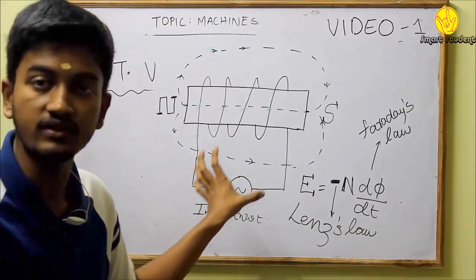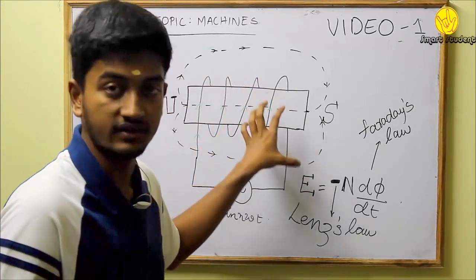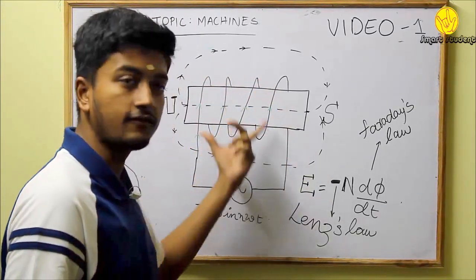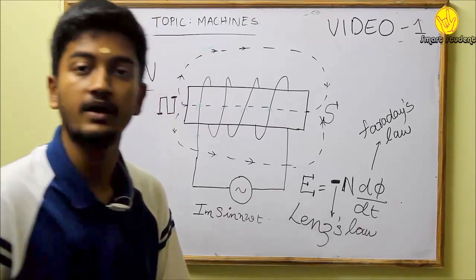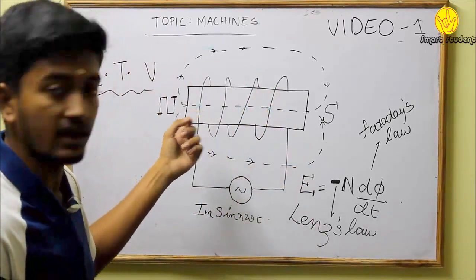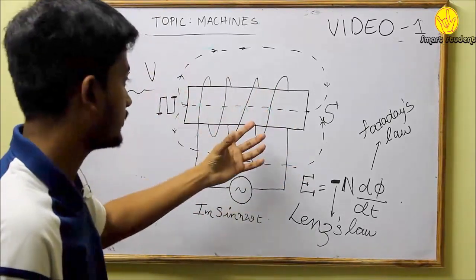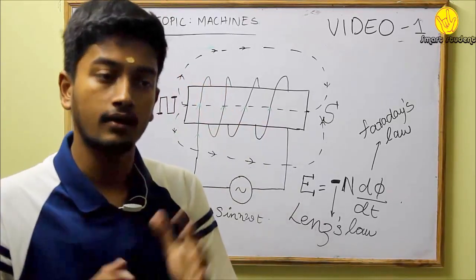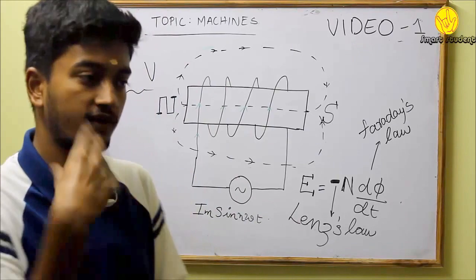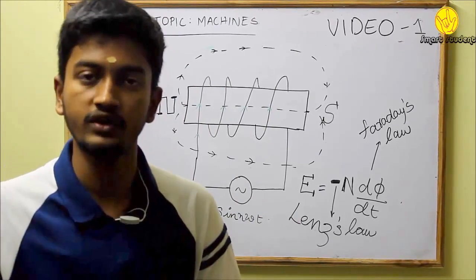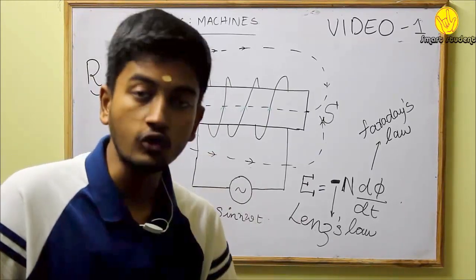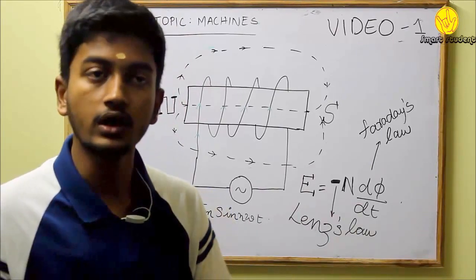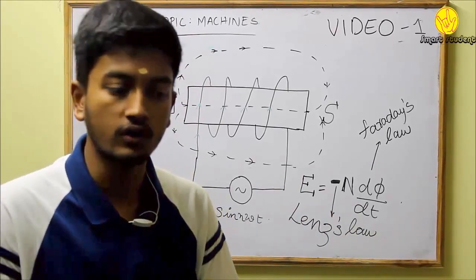Now this is what relative time variation says: my conductor is stationary and my magnetic field is alternating in nature. From this setup we can understand that as the magnetic field is varying, EMF will be induced, and according to Lenz's law, or the property of nature, whenever a force is acted upon an object, it produces some opposition to it in order to handle this force.